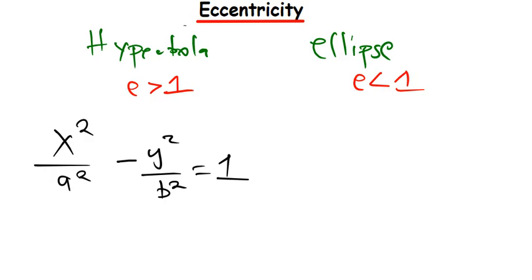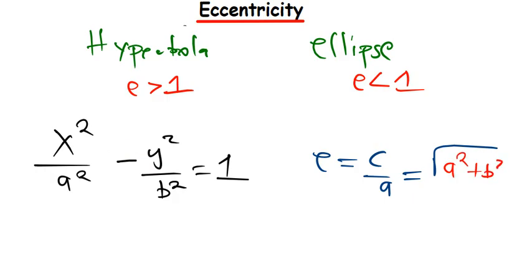So you also need to know that for eccentricity, c over a, how do we find the c for the hyperbola? A secret is just to change the sign if you're confused. So c is the square root of a squared plus b squared, over a. For the ellipse, it's a different scenario.